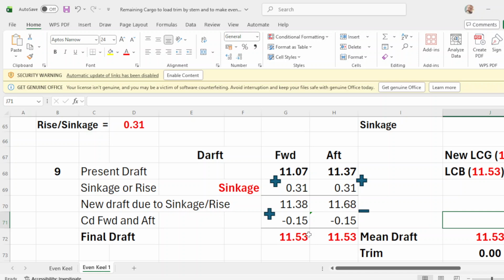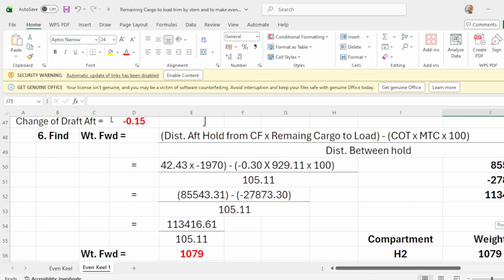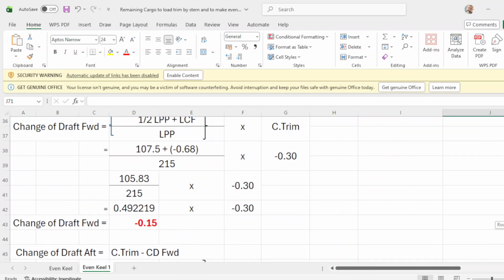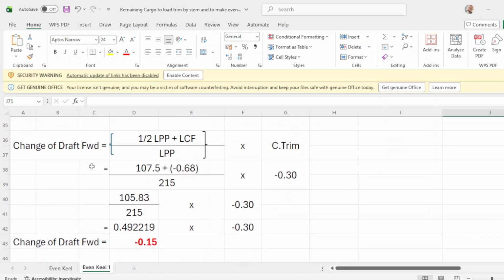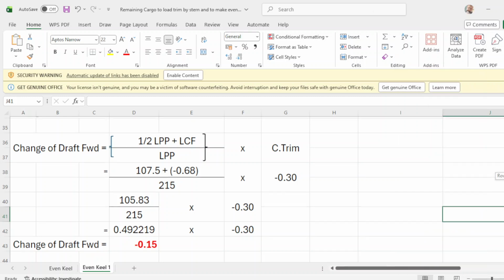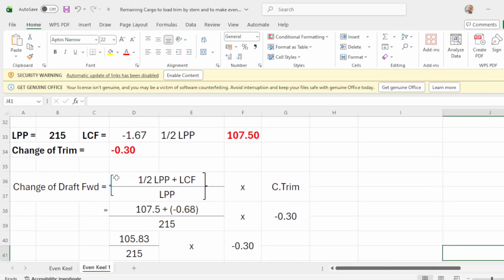Okay. Then you apply your change of drop forward and aft. So how did I get this one? This is the formula, guys. Change of drop forward formula is 1/2 LPP plus LCF over LPP times your change of trim.